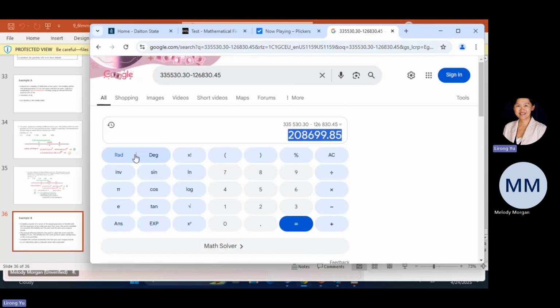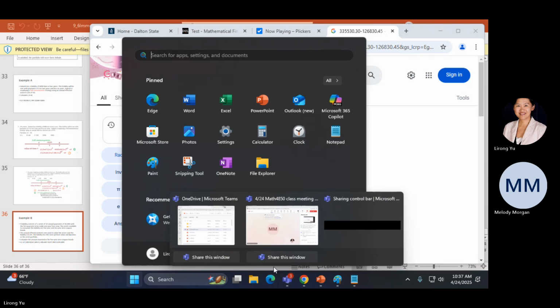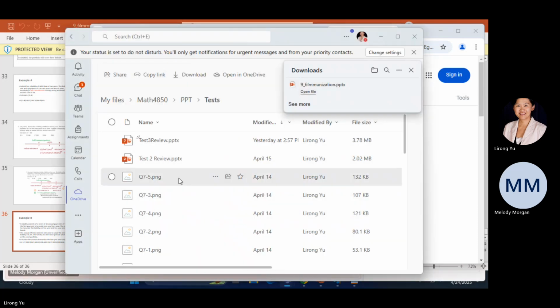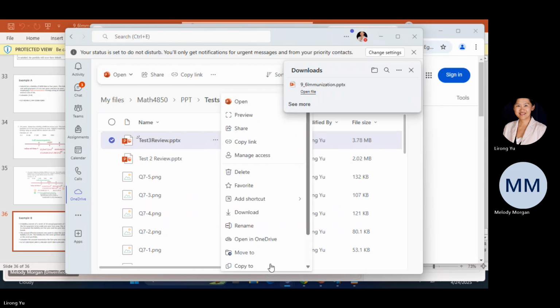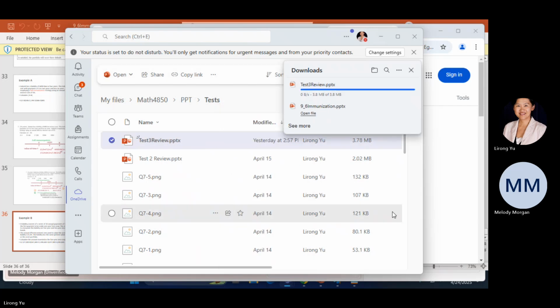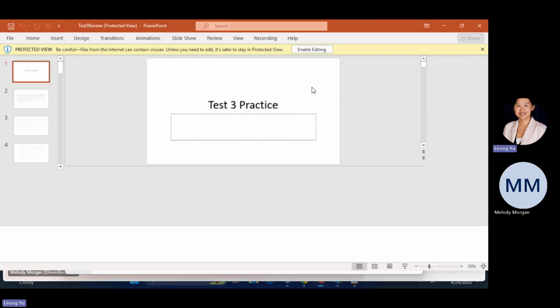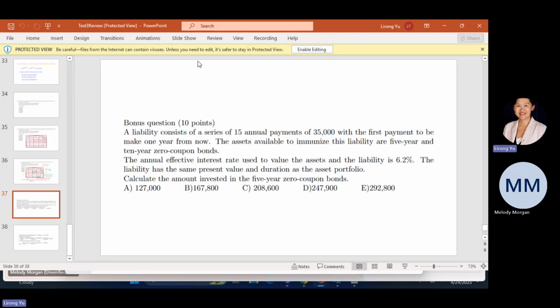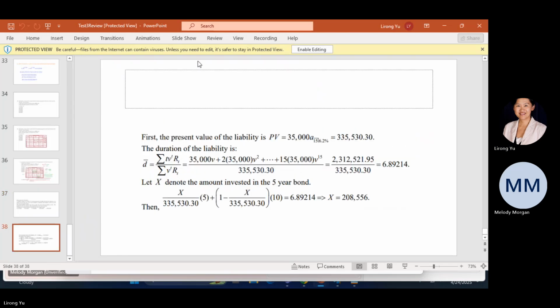Here is the solution, copied over from the book. Okay, so that's the present value calculation. Now we have the duration that was 6.89, and then we set it.